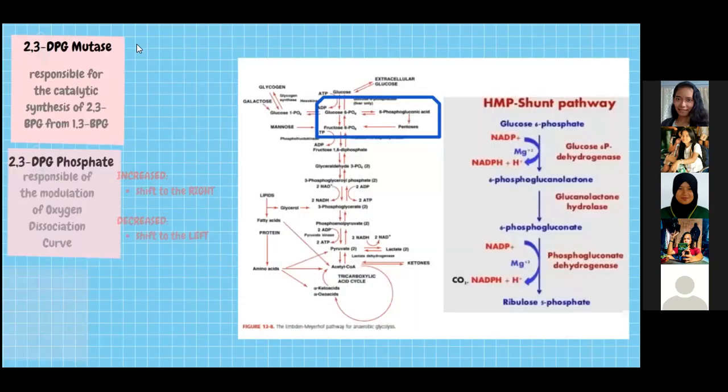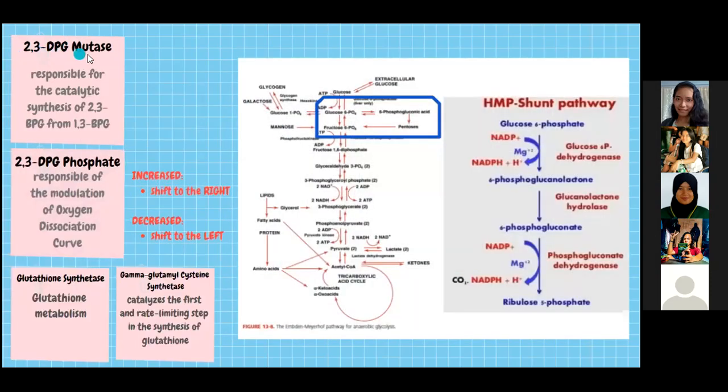Just take note that 2,3-DPG mutase is responsible for the catalytic synthesis of 2,3-BPG from 1,3-bisphosphoglycerate.